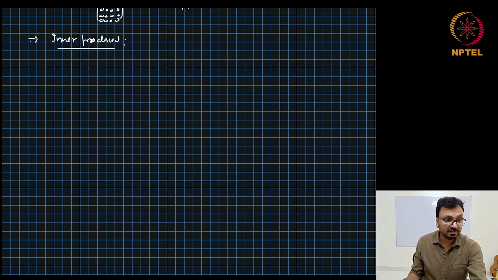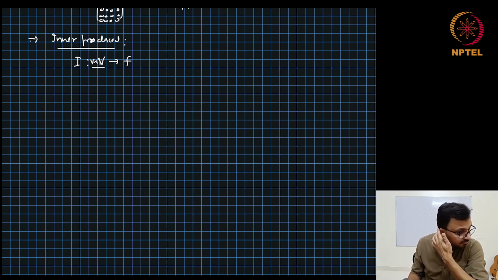An inner product is a mapping on the vector space. The inner product, let me represent it by I, takes vectors of V and maps them to a scalar. The scalar field is generally represented by F. So it is actually V times V, two vectors, going to F.